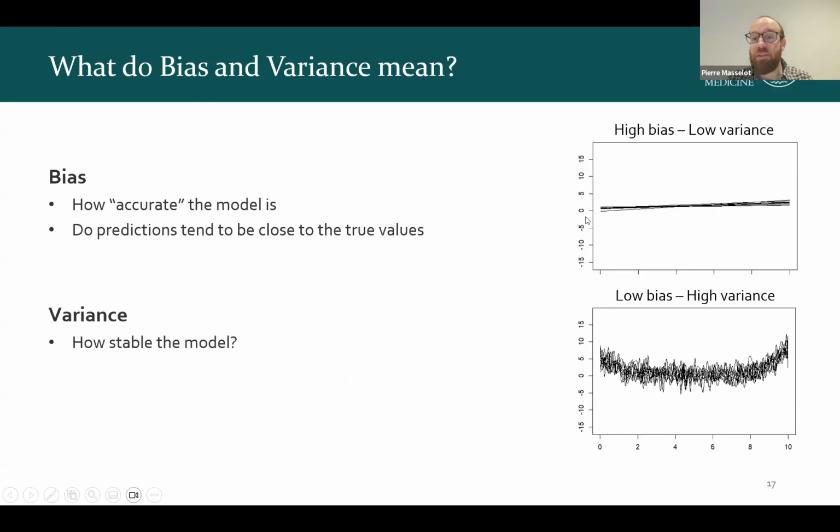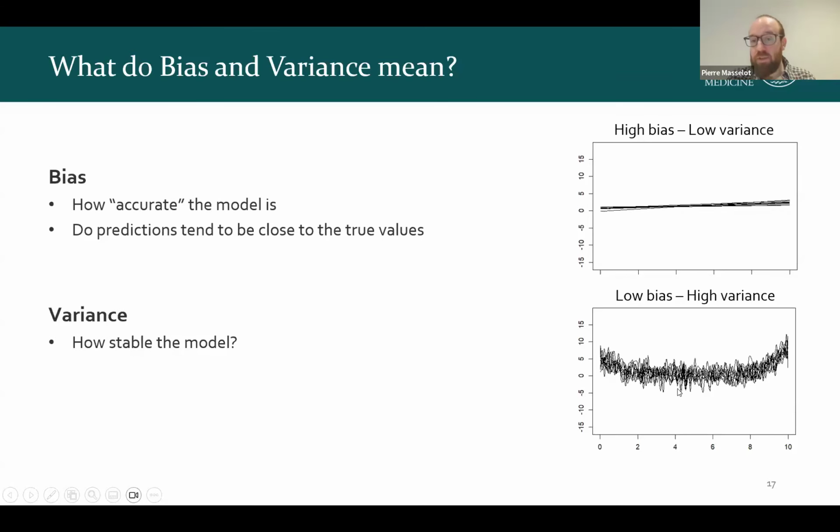You can see that if, for instance, I fit this model on new realizations of the data set and so on, you will always have very similar fits, very similar predictions all the time. So it means that it has low variance. But since the model is very, very simple, your predictions will tend to be on average quite far from the target.